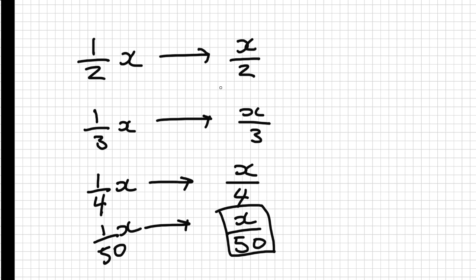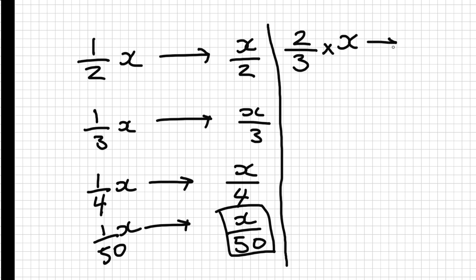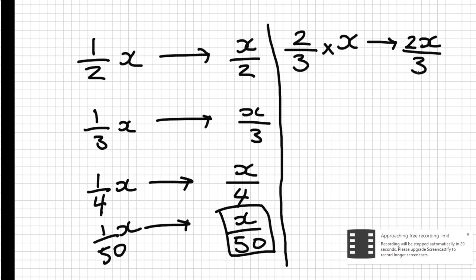So there's that. Now, I'm just going to do something else. Instead, I'm going to have 2/3, 2 over 3 times by x. This is the same as 2x over 3.